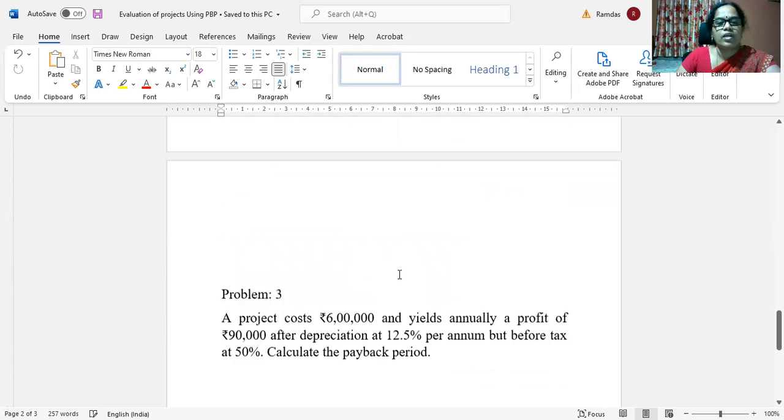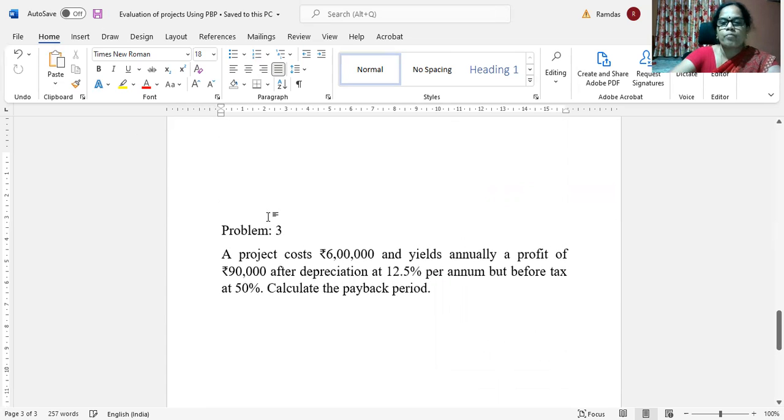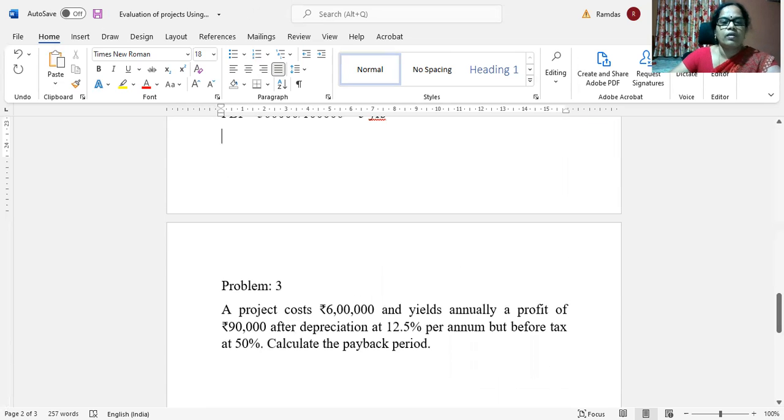Now coming to the next problem, problem 3. A project costs rupees 6 lakh and yields annually a profit of rupees 90,000 after depreciation at 12.5% per annum, but before tax at 50%. Calculate the payback period.